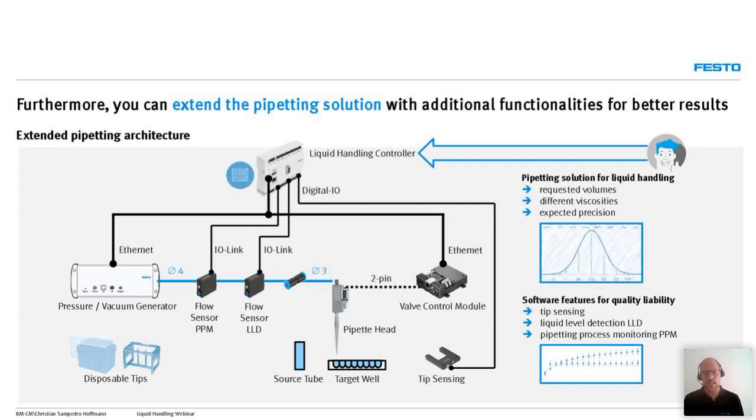You can add process monitoring. All these things are software based with some inputs from the sensors, but you can also add other features like tip ejection, so that you can release the tip when it's used and you want to put it in a bin.